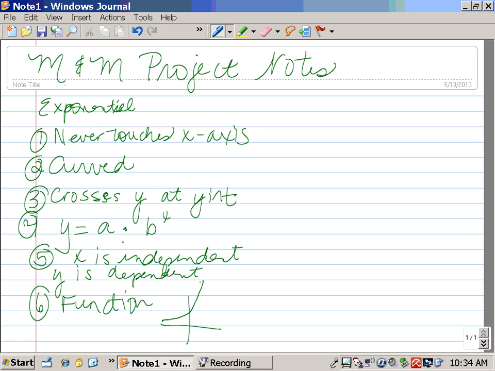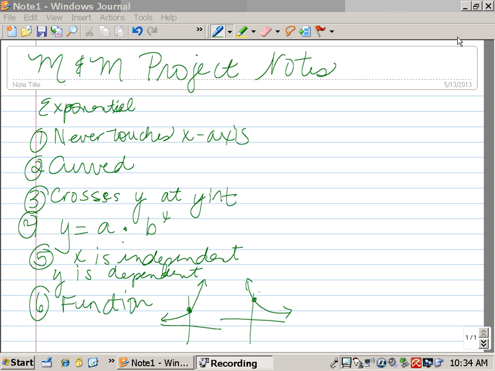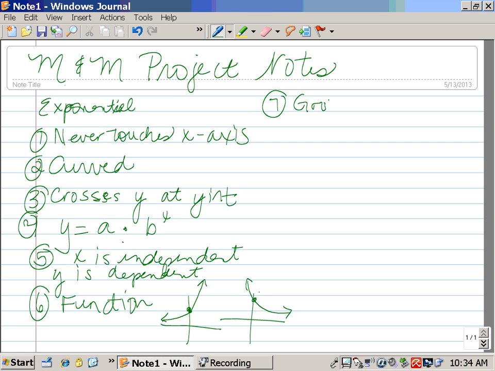Okay, because your graph is going to look like this. What's this right here? Y-intercept. Or it's going to look like this. Okay, so for my growth, it's either growth or decay.